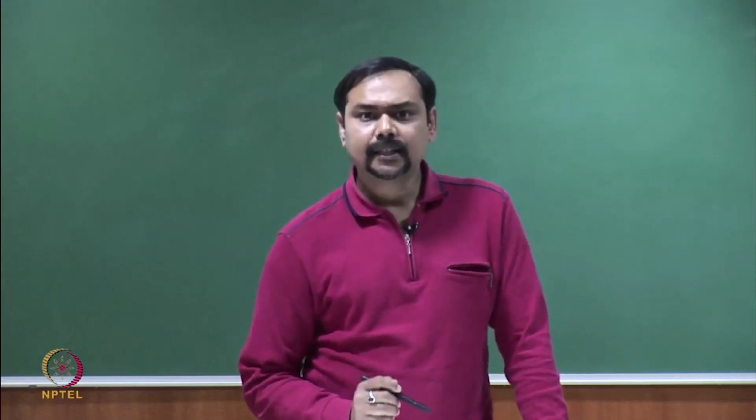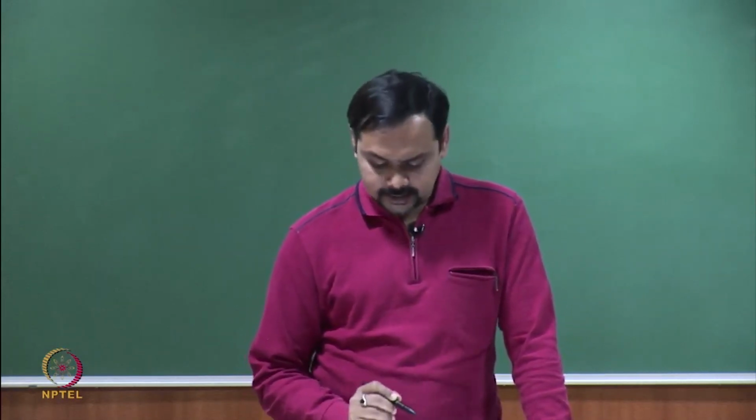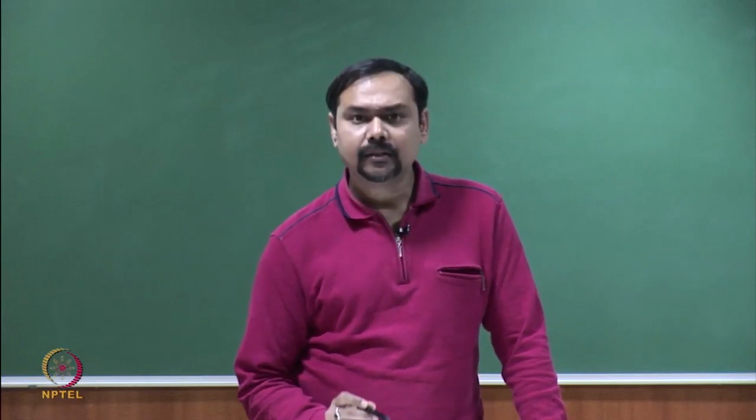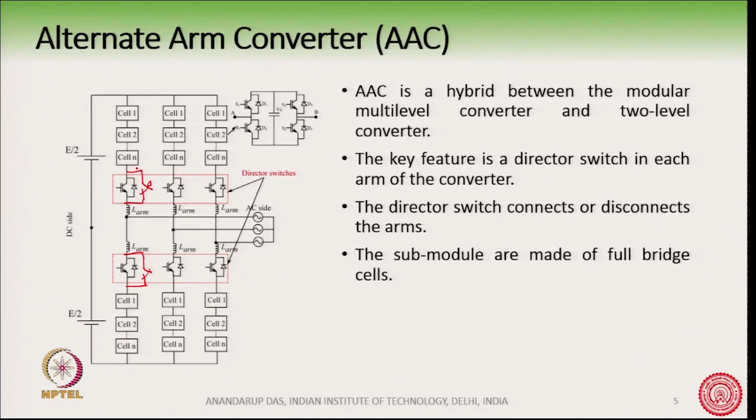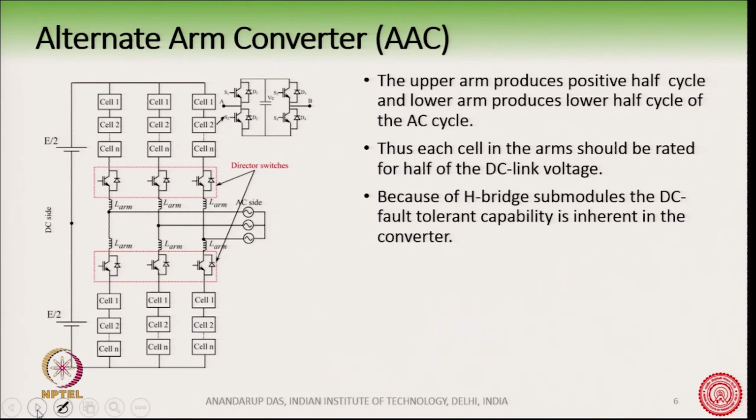We will discuss it a little bit in details after a few minutes. The submodules here are usually made up of full bridges. So, that is what I have just told. The upper arm produces the positive half cycle and the lower arm produces the lower half cycle of the AC waveform.